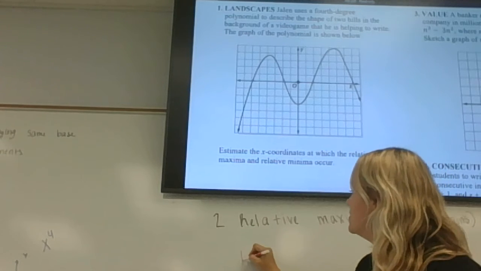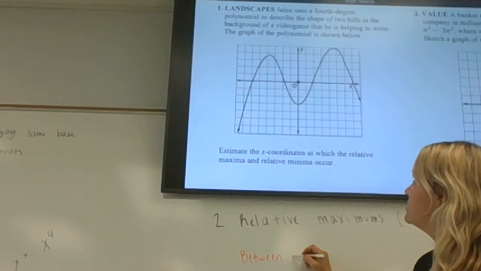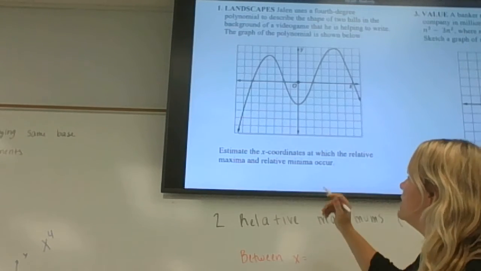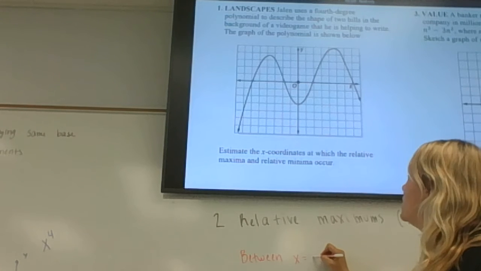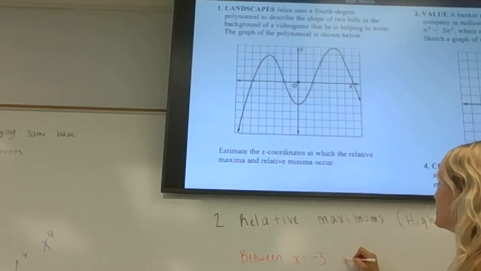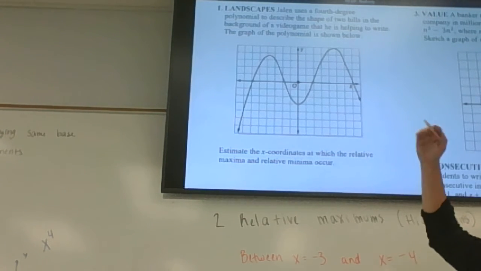I'm actually going to use the word between. We have a maximum between x equals -3 and x equals -4. So it's funny, when they're asking about a maximum, most often they're not asking for the actual y value.